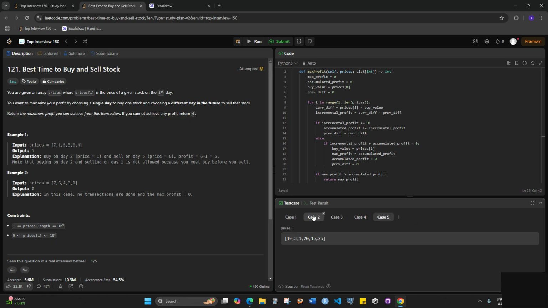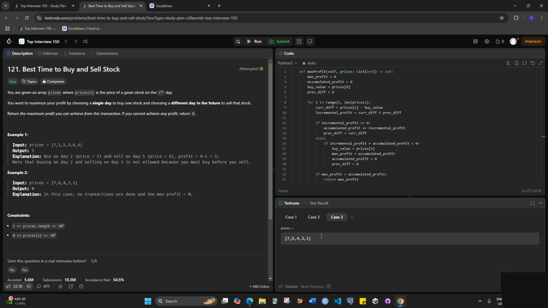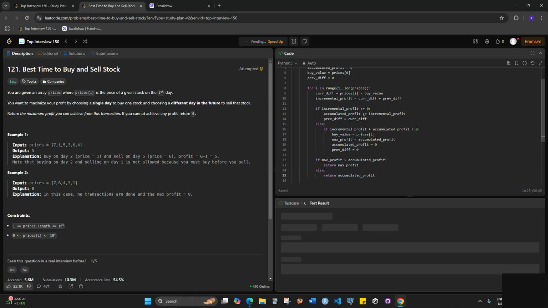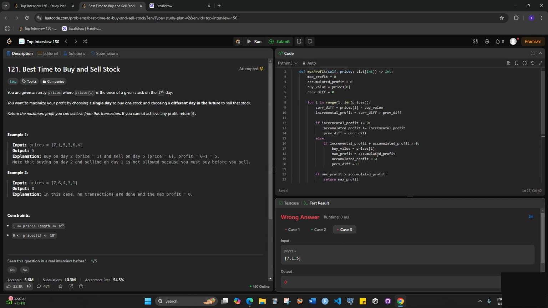We try and run just 7 and 1 like this. Okay, so this one, it returns 0. Let's see why that's the case.